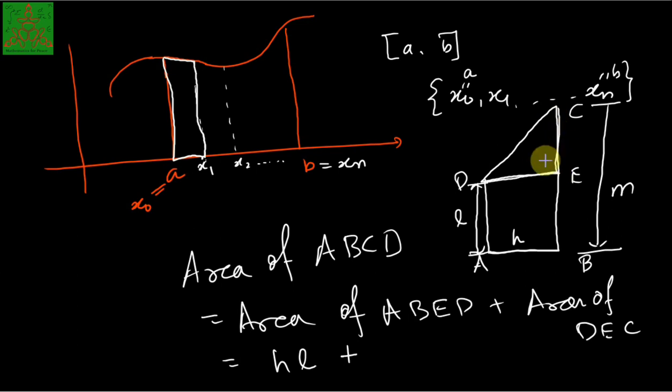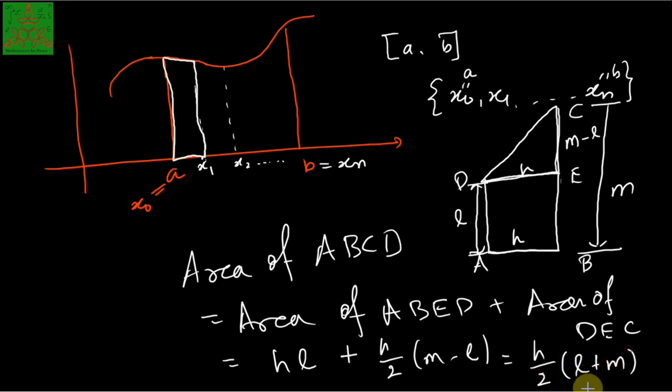As this is H, this will be H. Now this quantity is M minus L, because this much BE is L. So this is H by 2 into M minus L, and if you simplify, this gives H by 2 into L plus M.